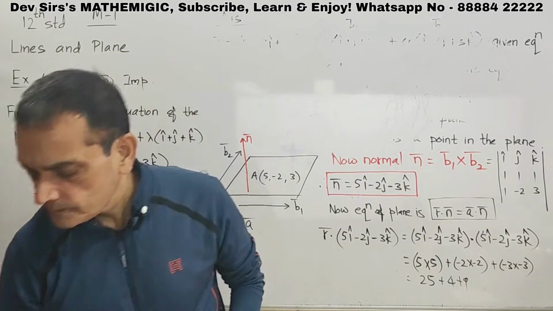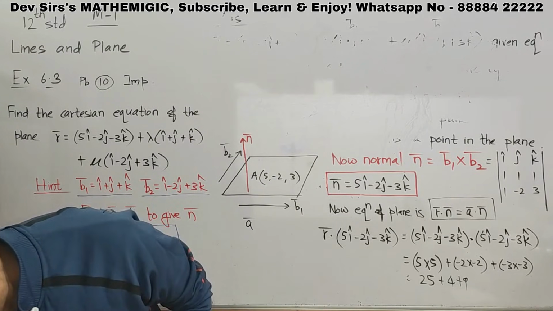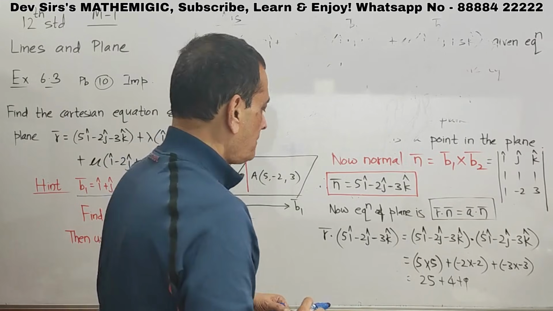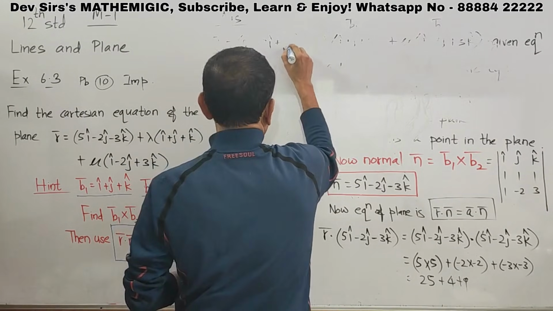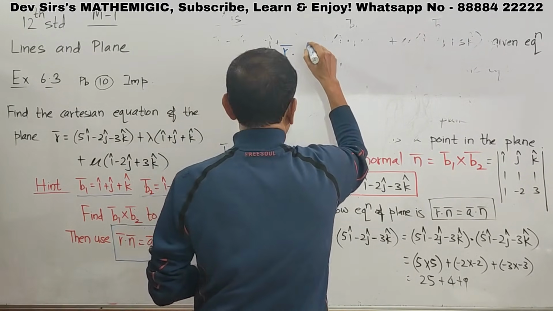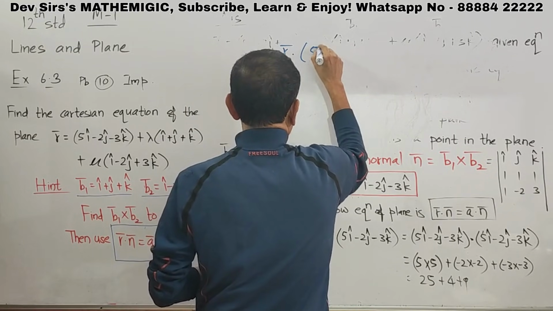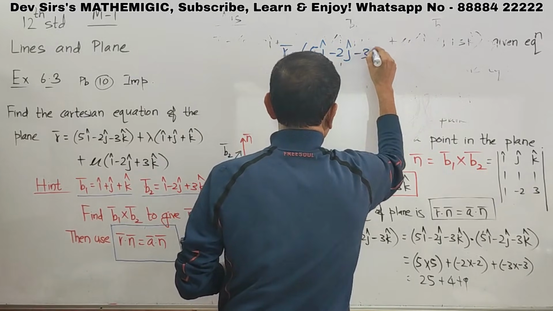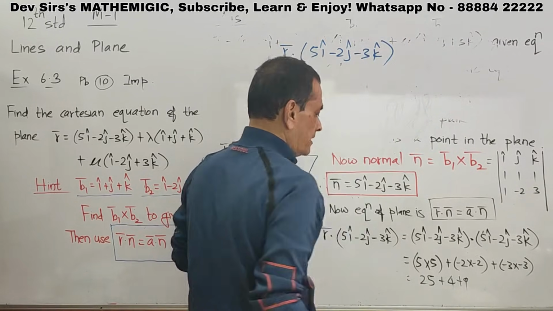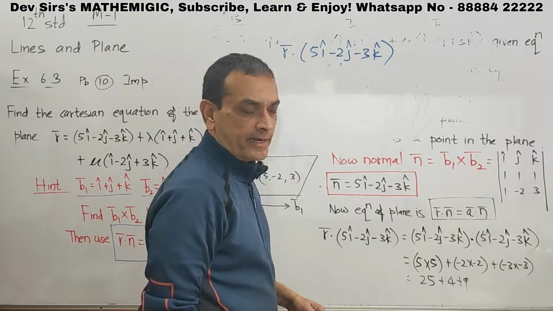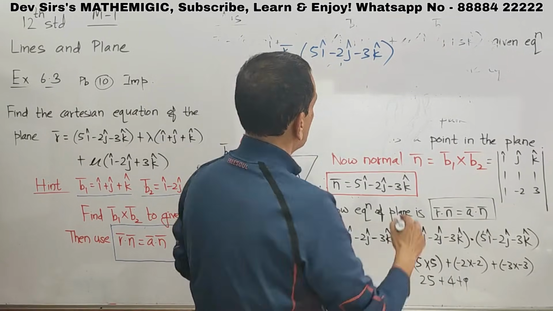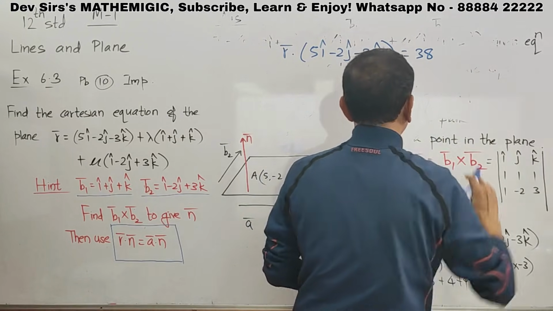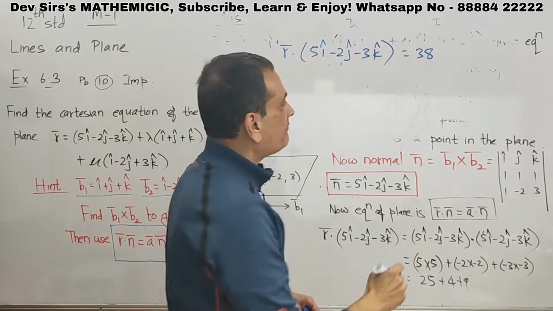I'll use a different pen. R dot 5i minus 2j minus 3k is equal to, ये कितना है 38 आया, 25 plus 4, 39 plus, okay. This is the vector form.